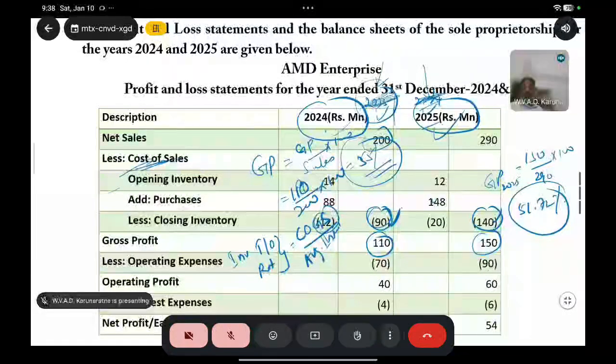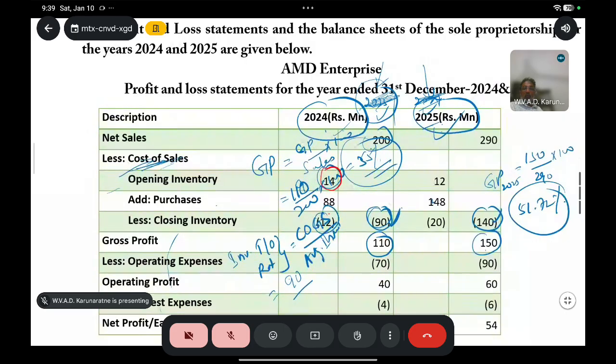Then, cost of goods sold of year 2024, that is 90, divided by average stocks. Opening inventory, that is 14, right?